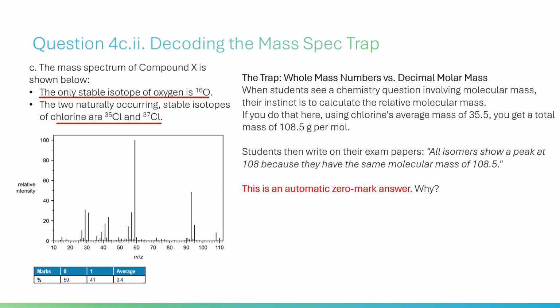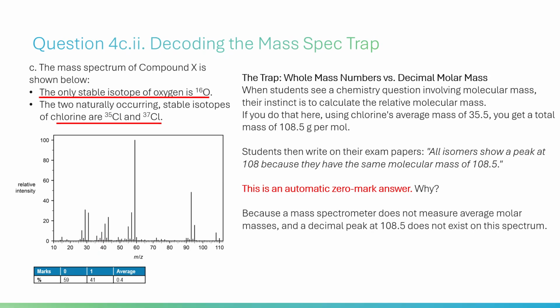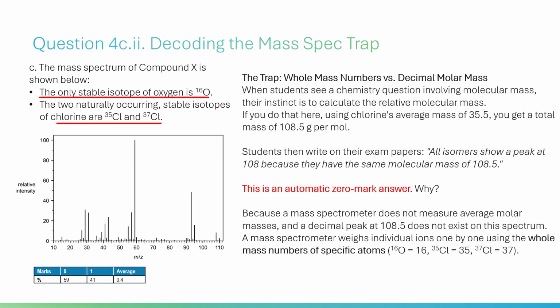This is an automatic 0-mark answer. Why? Because a mass spectrometer does not measure average molar masses, and a decimal peak at 108.5 does not exist on this spectrum. A mass spectrometer weighs individual ions one by one using the whole mass numbers of specific atoms: 16O equals 16, 35Cl equals 35, 37Cl equals 37.